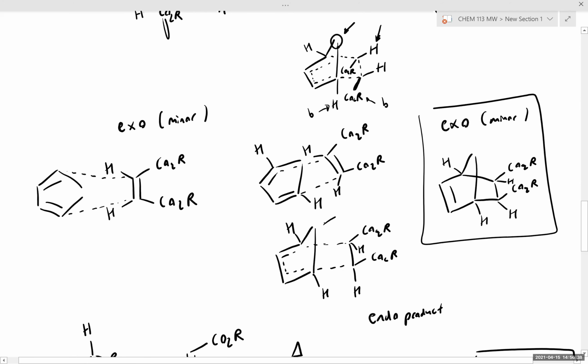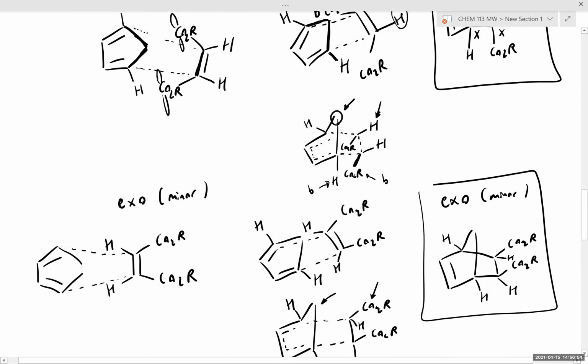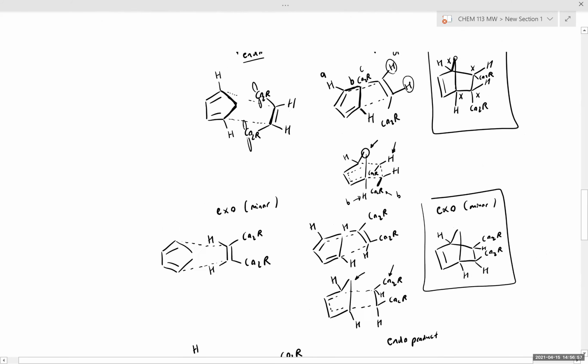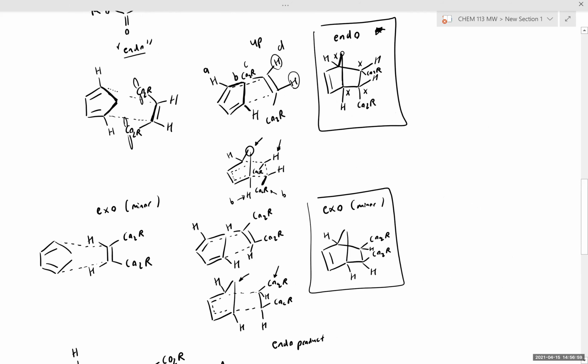And as a result now, in terms of relative stereochemistry, are this alkyl group and the carboxylate substituent on the same face or opposite face now? They're on the same. So if we look at the exo and endo products, we can see clearly the relative stereochemistry has changed.